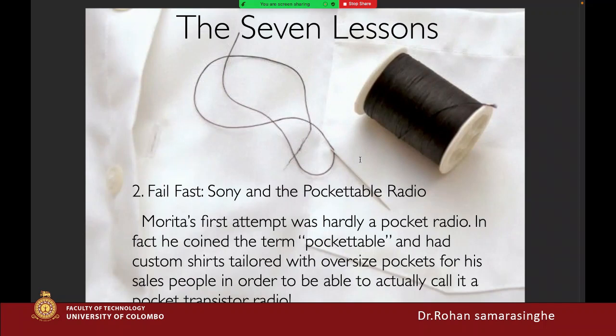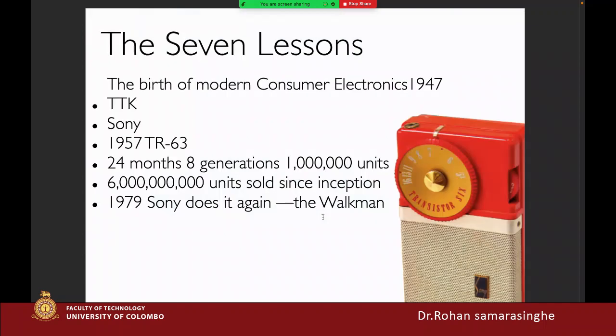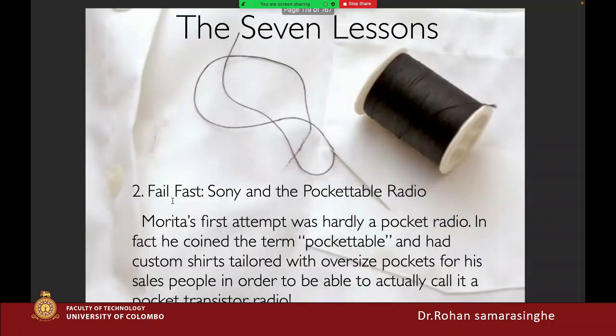He first developed the pocket transistor radio, and there may have been some failures, the birth of modern electronics. First there may have been some failures, but later he could succeed. That's why he said fail fast.